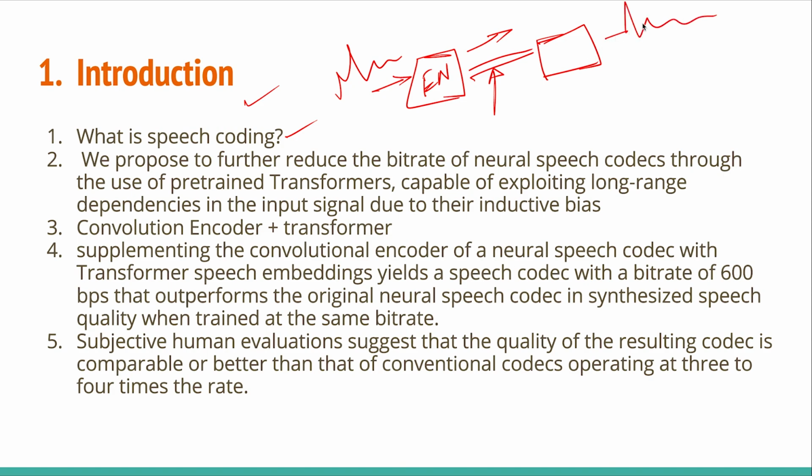So the ultimate goal is that the audio should have very little distortion. It should retain the same content and preserve the speaker identity and everything without adding much noise or distortion during the generation. So this is the idea of a speech codec.